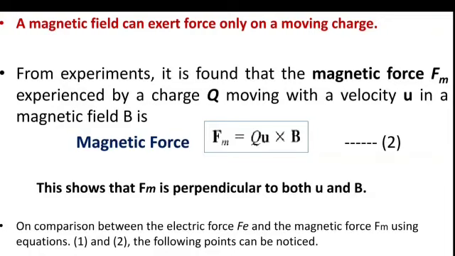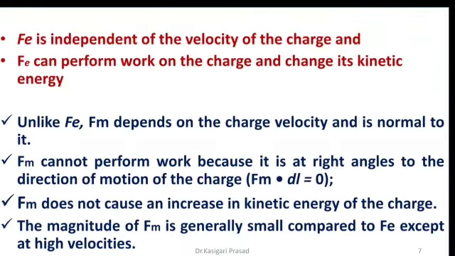Now, on comparison between the electric force Fe and magnetic force Fm using equation 1 and equation 2, we can observe the following concepts. Fe is independent of the velocity of the charge. Fe can perform work on the charge and change its kinetic energy.